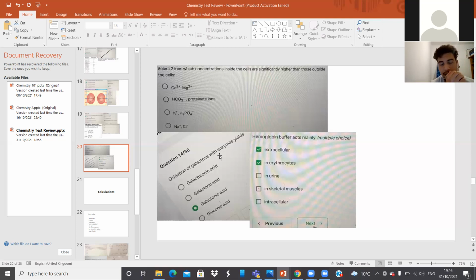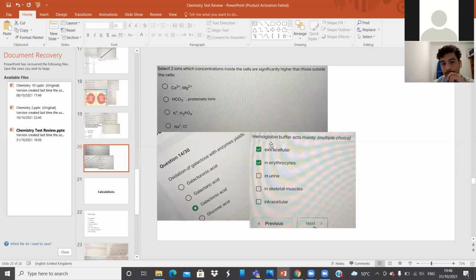Enzymes cannot produce the strong oxidation that you will get from strong oxidizing agents like nitric acid, but it can produce galactonic acid, which is galacturonic, meaning one carboxylic acid. So this is the intermediate. This is the weak one. So the enzymes do not produce strong oxidation, therefore they act as a weak oxidant and can produce galactonic acid, which is one carboxylic acid and one alcohol.